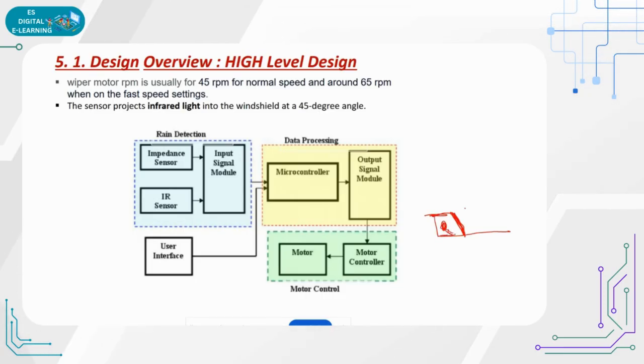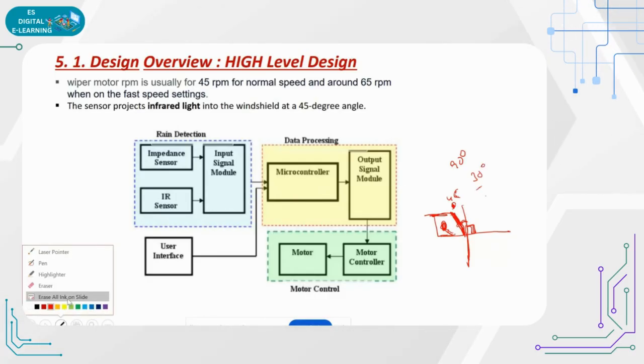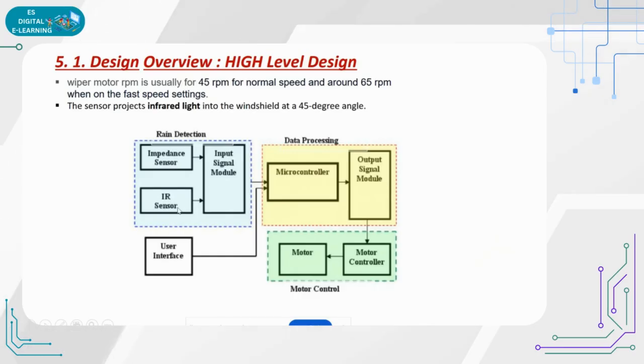Sometimes this angle is 45 degrees, some have 90 degrees, and some have 30 degrees, depending. We need to cover this angle as well. So whenever the rain comes, whatever the shield angle, the infrared sensor will be there.